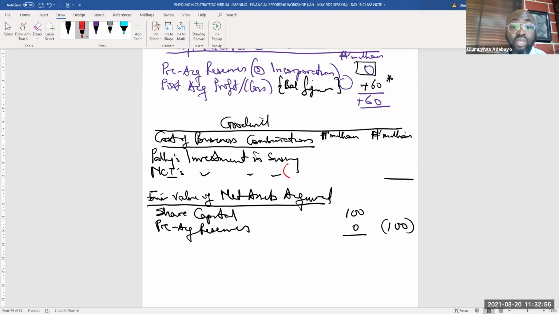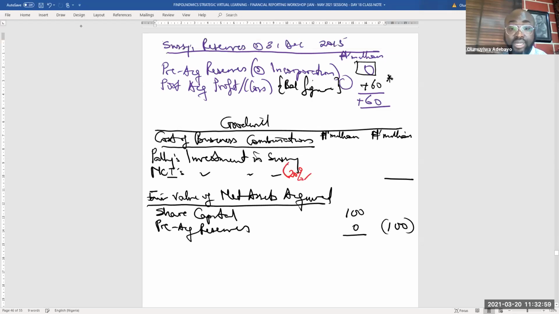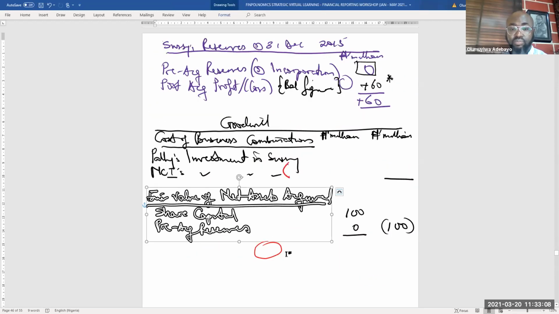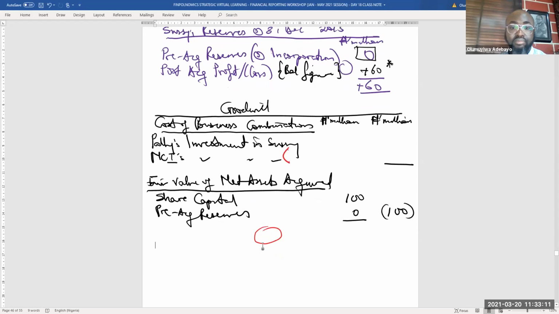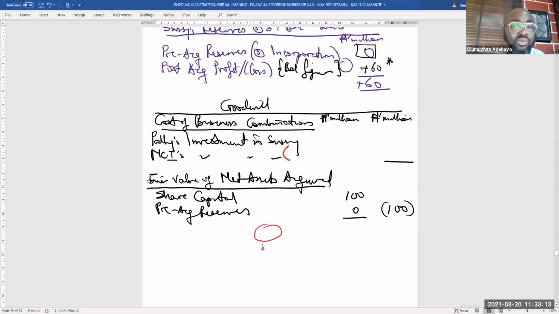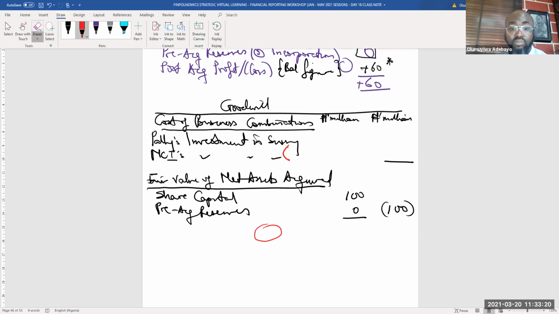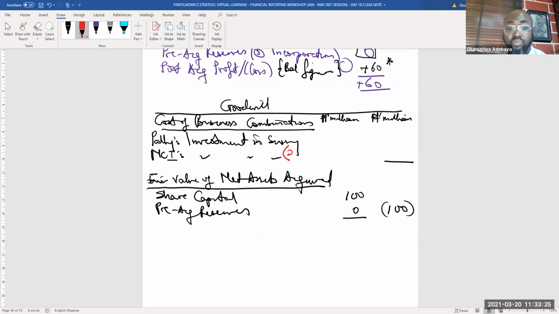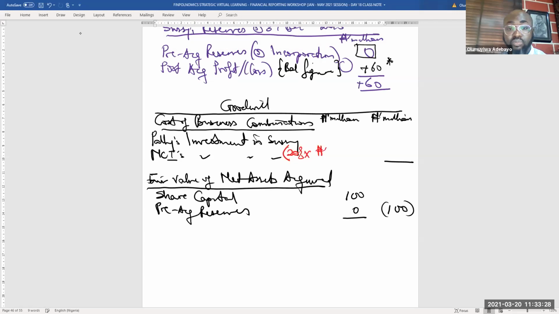What is my NCI? My NCI is 20%. 20% of 100 is 20.